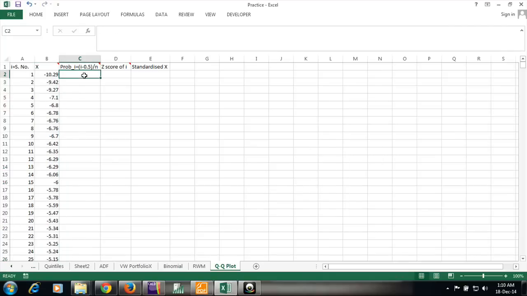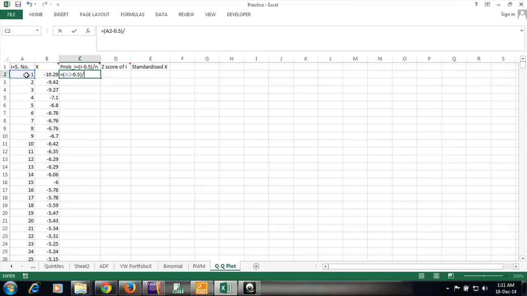The next thing is we need to find out the cumulative probability of getting less than the theoretical Z score in D column. The formula I have put here is equal to (I minus 0.5) divided by the number of observations.